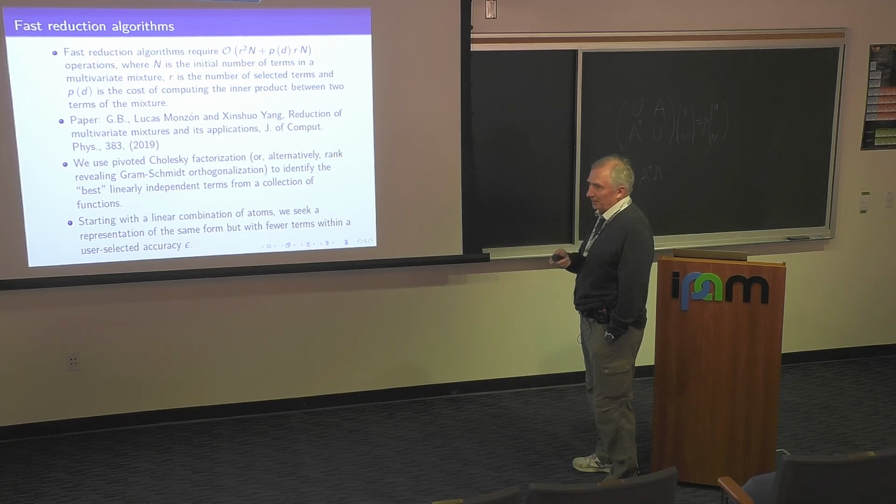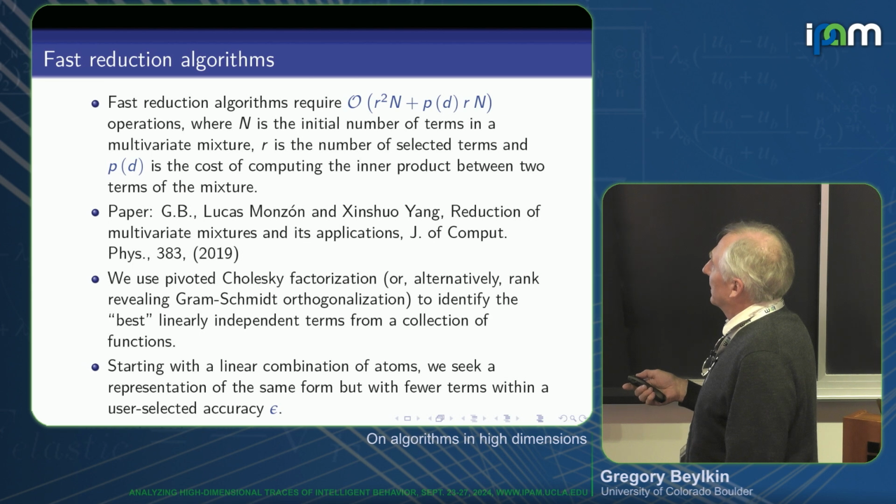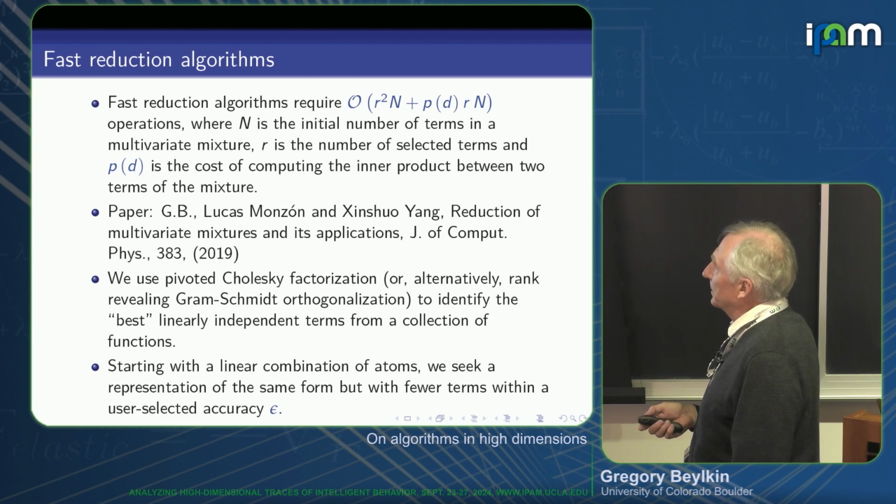You get again Gaussians, but you have a million of them, and you need to reduce it. You know that many of them are linearly dependent. So the algorithm we have is linear in the number of original functions and quadratic in the number of functions that you get out of it.